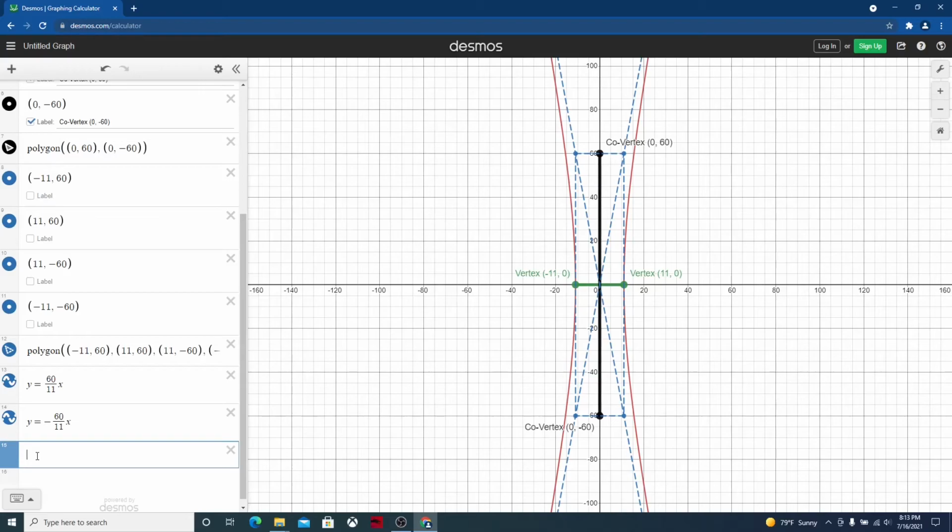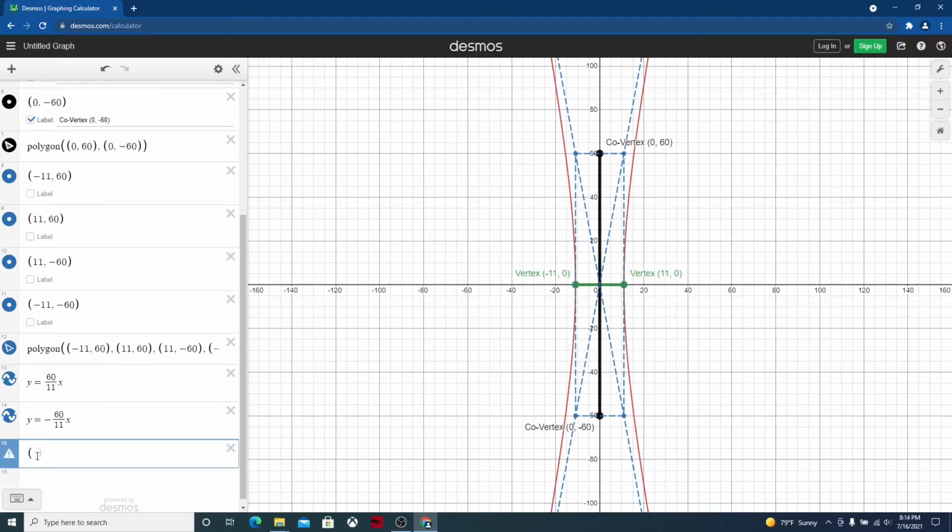And here's a thing that you want to remember, which is the foci are always on the same axis as the vertex. Now, in this case, the vertex is on the x-axis, so that means that the foci will also be on the x-axis. So when we plot these points, we're going to plot them as 61, 0.